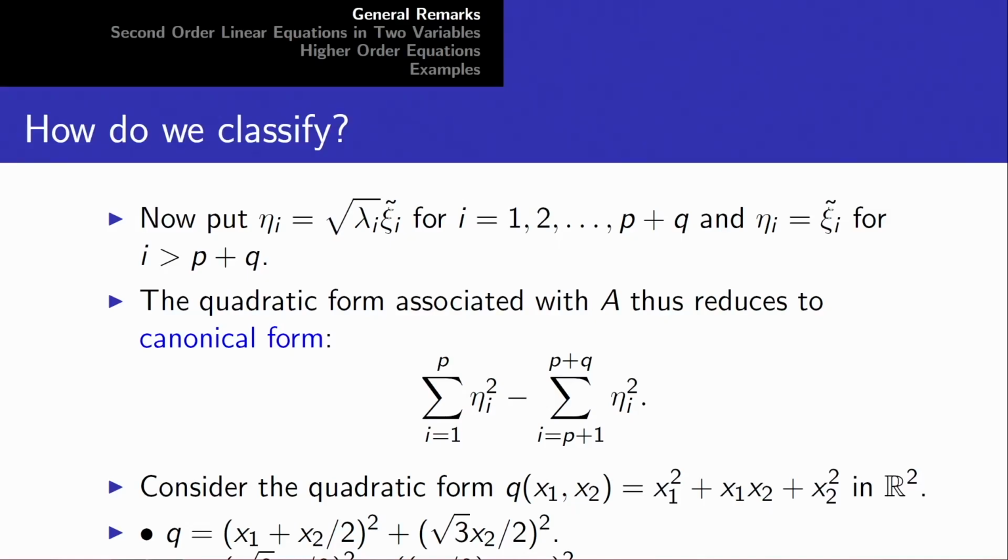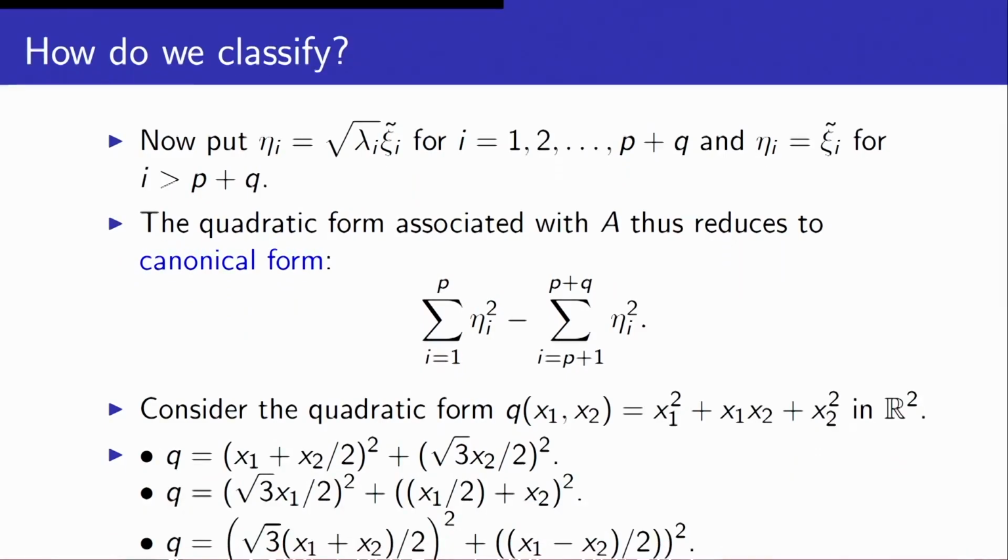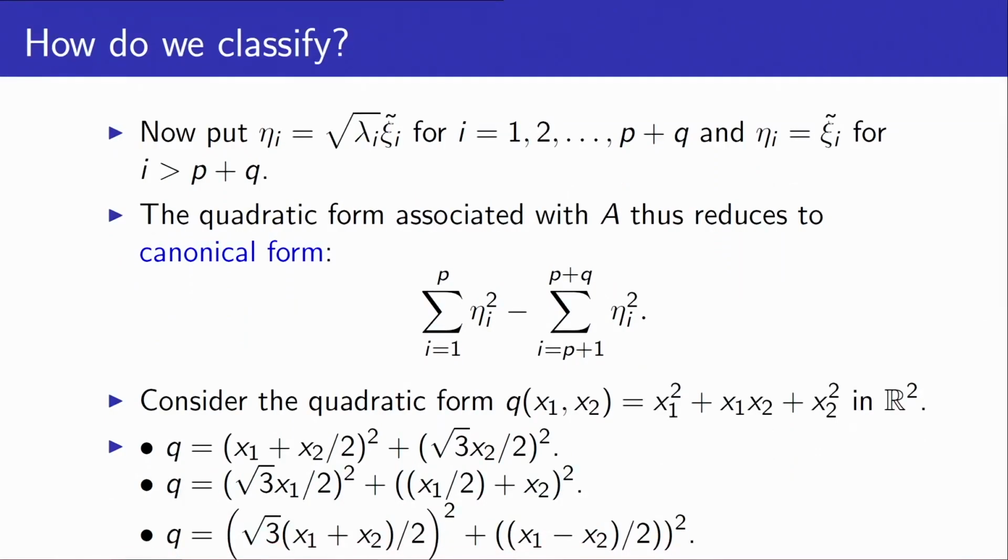Here let me just give you one example in R 2. Consider the quadratic form q(x1, x2) equal to x1 square plus x1 x2 plus x2 square in R 2. There is an x1 x2 term, and I want to remove that.